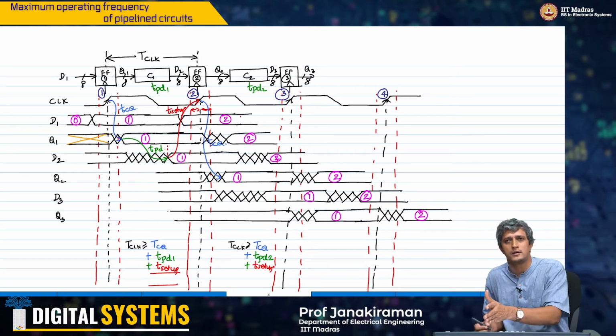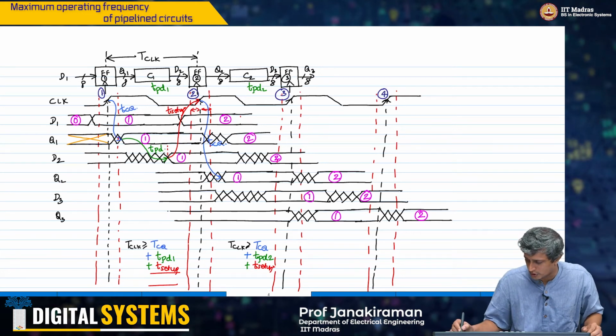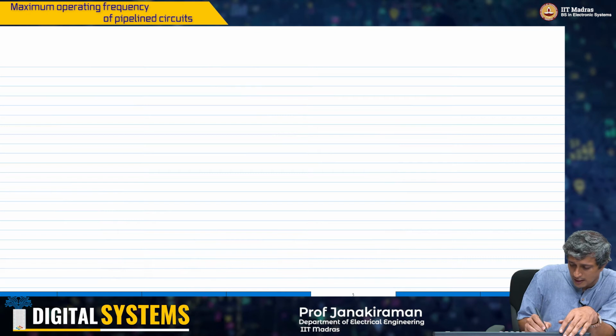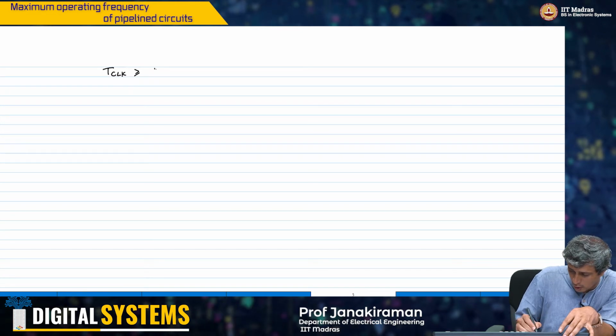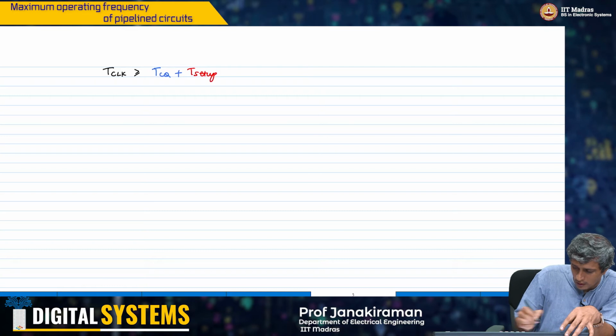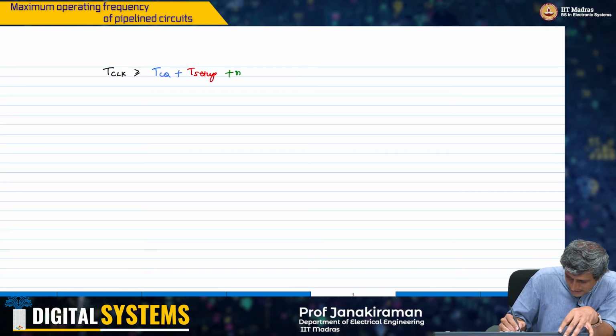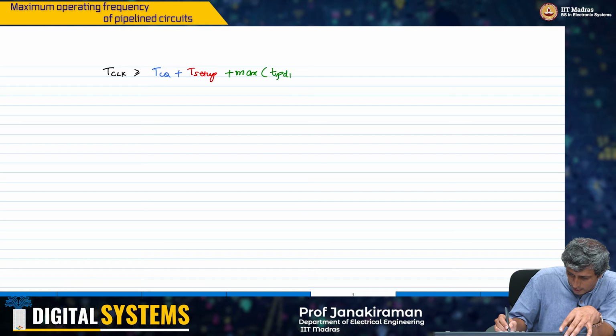Now come to the third, between this flop and the next one, the same thing has to hold between any two flops, and therefore in general T clock should be greater than or equal to TCQ plus T setup plus max delay of all the combinational blocks between the flops, that is TPD1, TPD2 in this case.